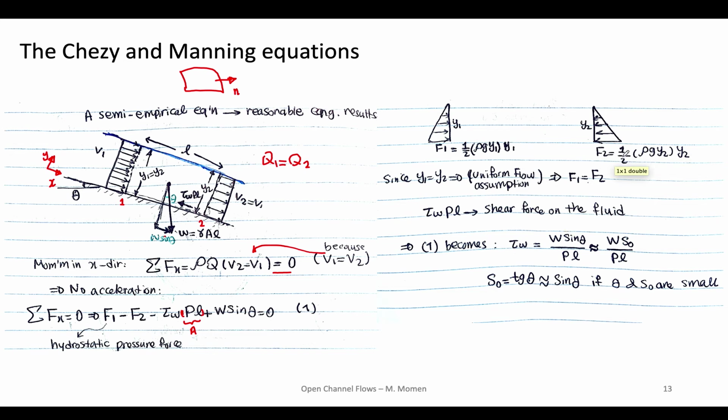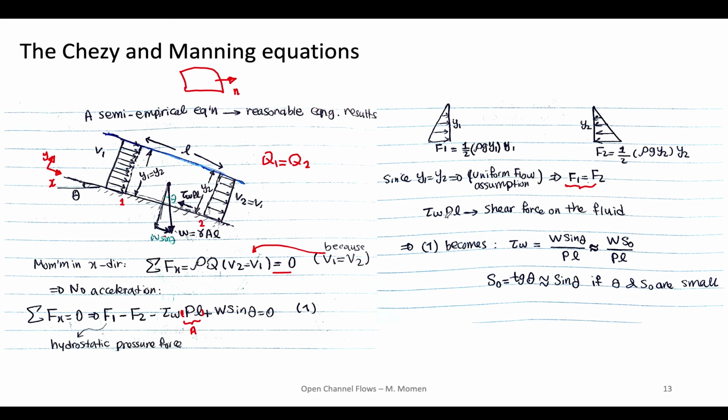And F2 is going to be 1/2 of rho g y2, this one, multiplied by y2, which gives me the area of all these forces, okay? And since y1 equals y2, because we are in a uniform flow assumption, I can say that F1 equals F2, right? This comes because we are in a uniform flow and y1 equals y2.